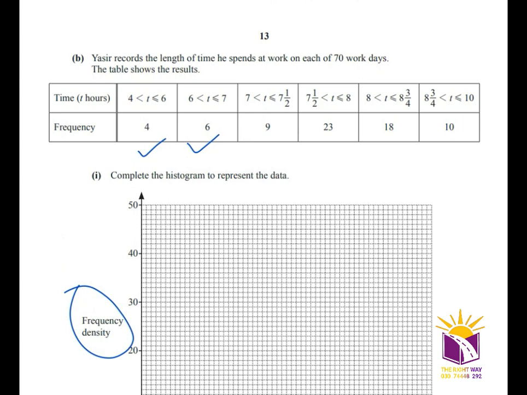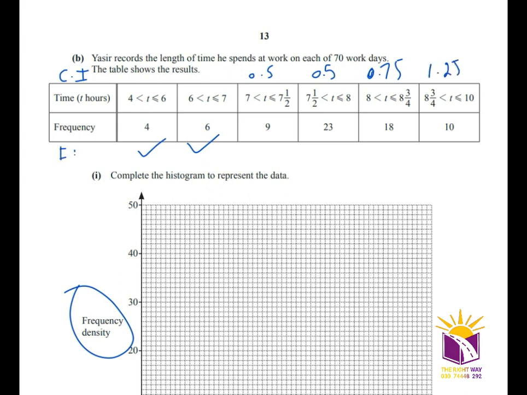For frequency density, first of all, I am going to find the class interval. 7.5 minus 7 will be equal to half, which is 0.5. 8 minus 7.5 is also 0.5. 8 3/4 is 8.75, minus 8 is 0.75, and 10 minus 8.75 will be 1.25.